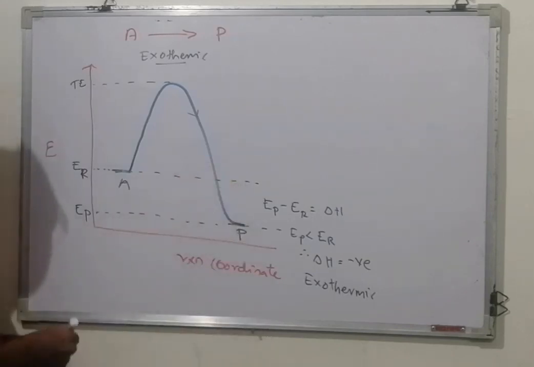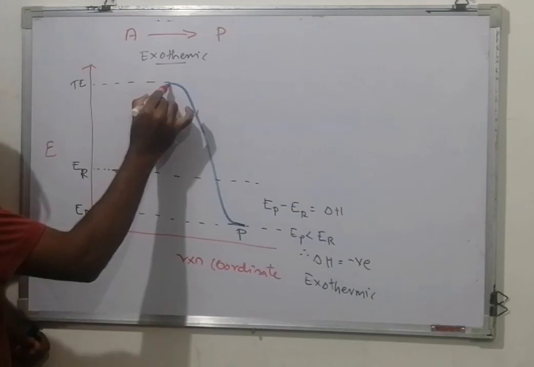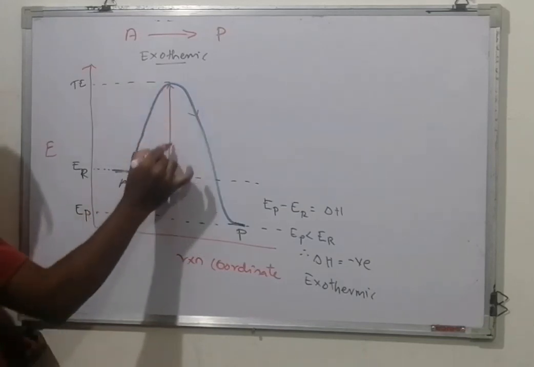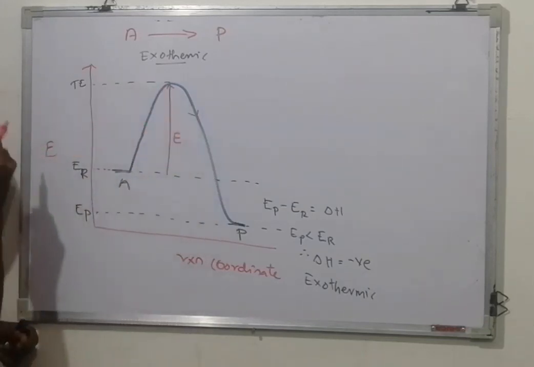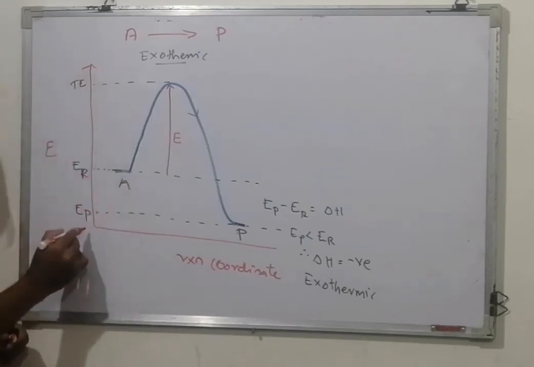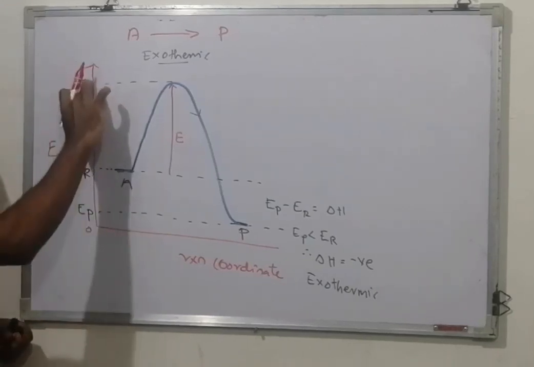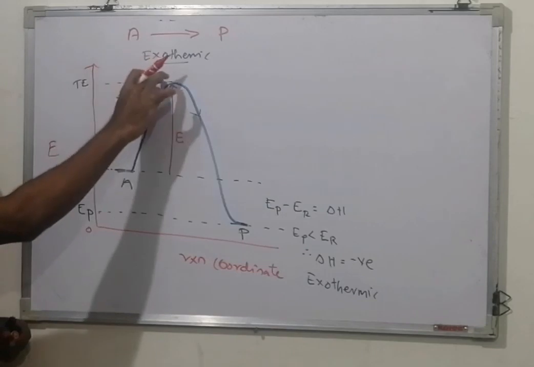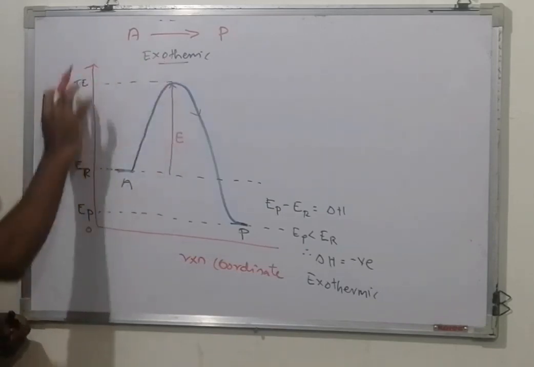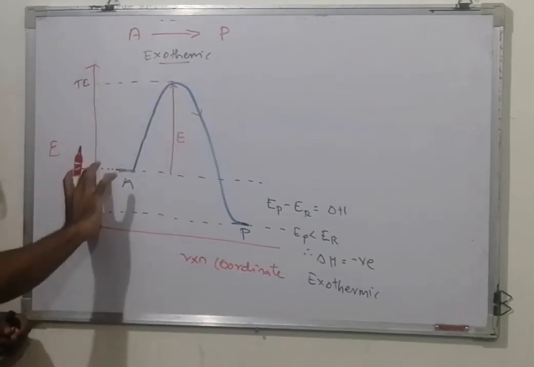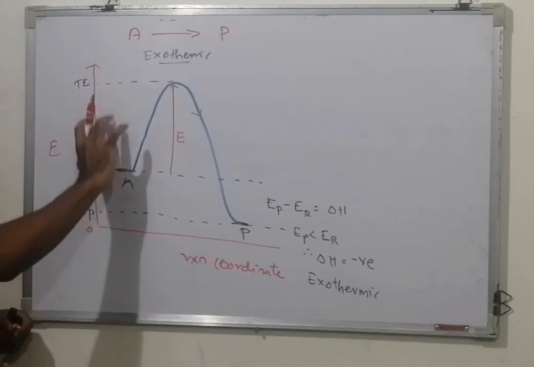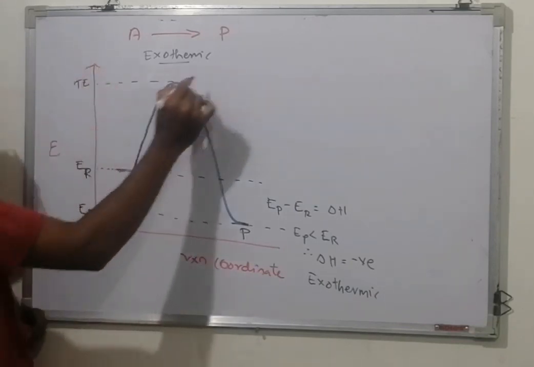Now, what is our activation energy? This is activation energy, Ea. Suppose this is 0 and this is the TE value, from 0 to TE. 0 to ER is the energy of reactant, ER to TE is the activation energy.